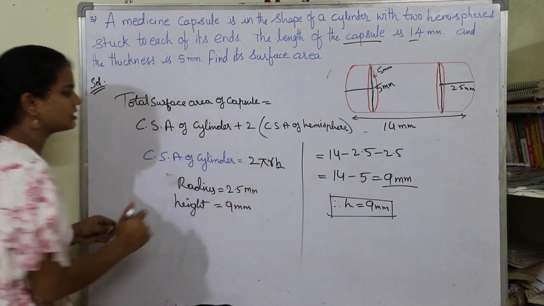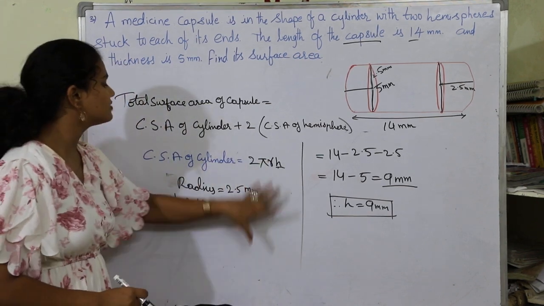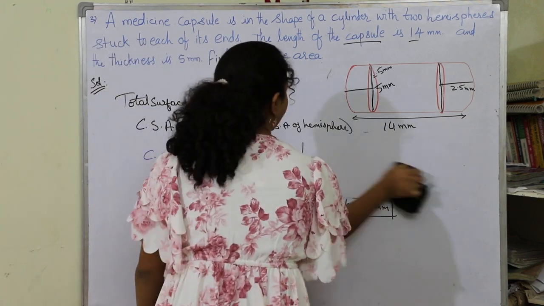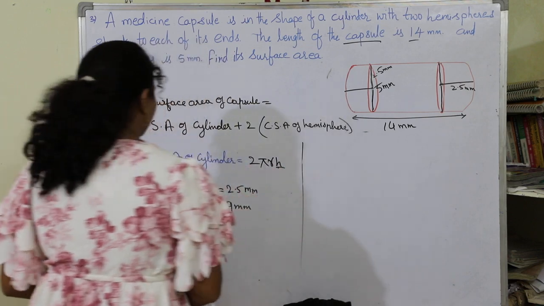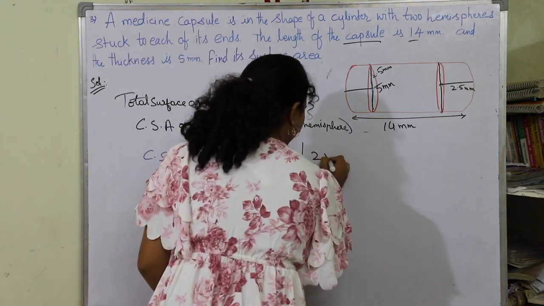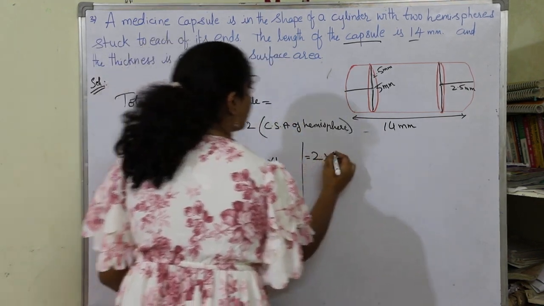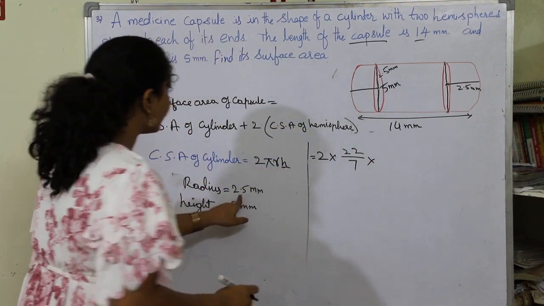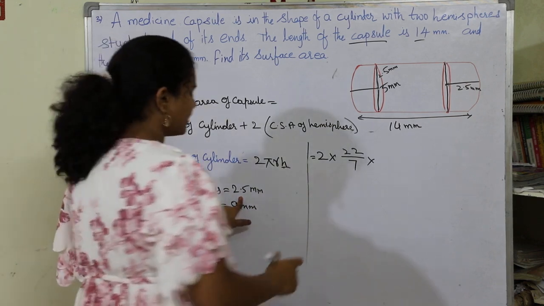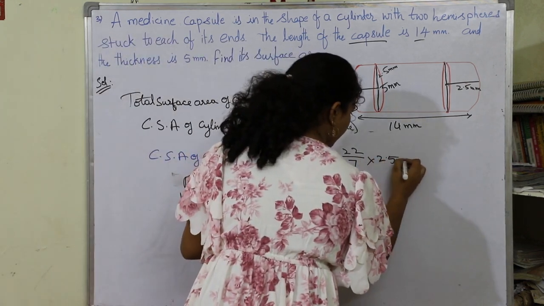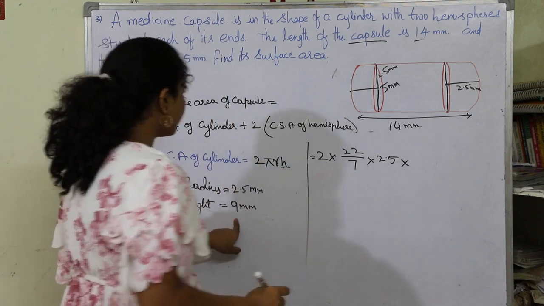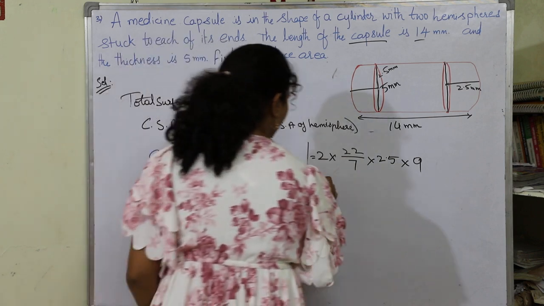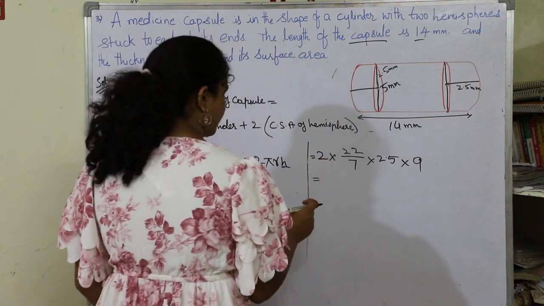Now I have all the values, so there is nothing left but to substitute these values in the given formula. Here you have 2 into pi, whose value is 22 by 7 as we know, into r, where radius equals 2.5, into height, which equals 9.